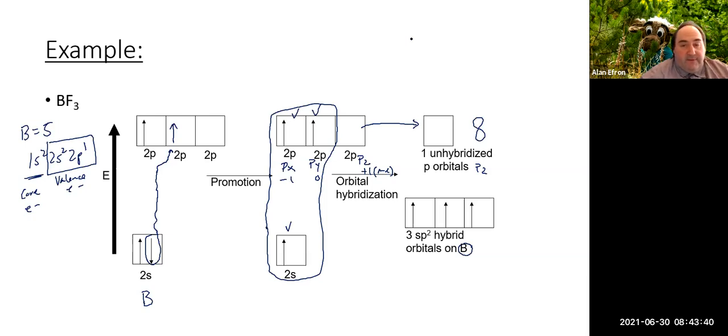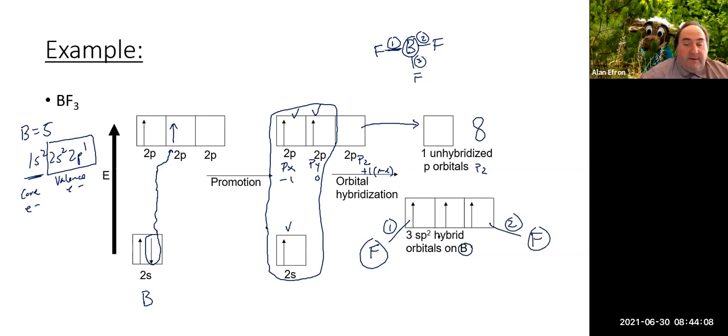So if we draw the Lewis structure here without all the dots on the fluorine, and we just focus on our central atom, we basically have a bond between boron and one fluorine, which could be this one, for example. We have a bond between boron and another fluorine, which could be this one. And we have a bond between boron and a fluorine here as well.